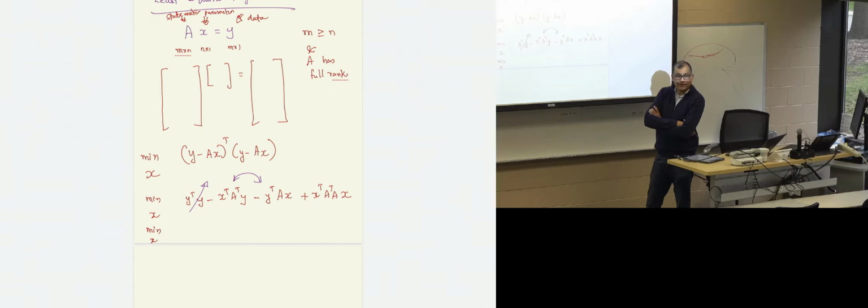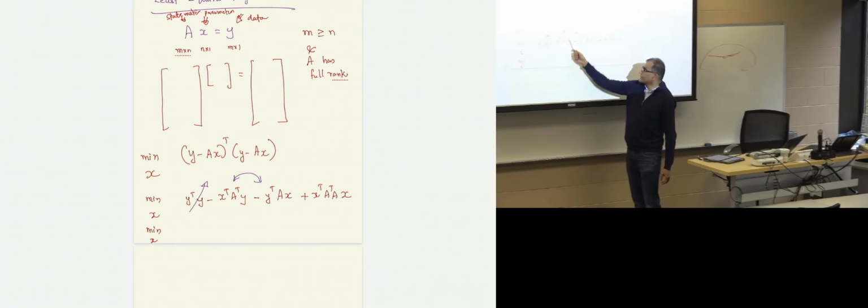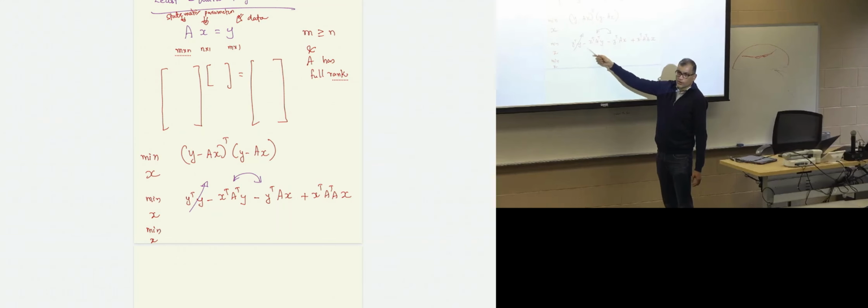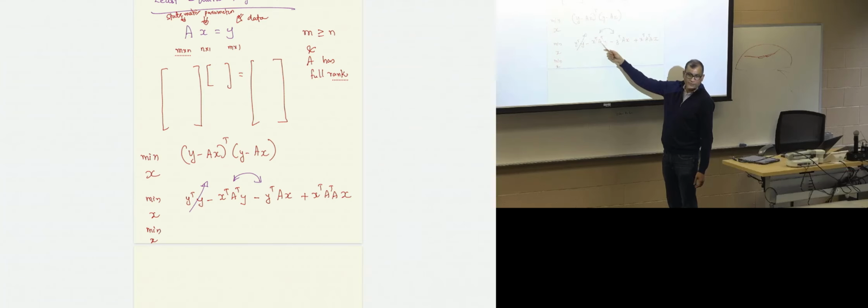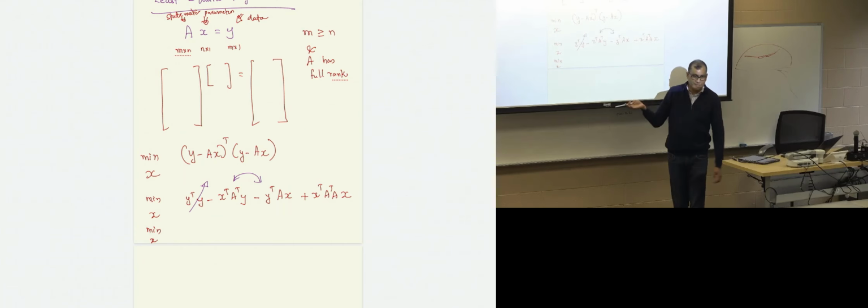They are the same because this is a scalar, right? This is a 1 by 1 matrix. So this is just a scalar.